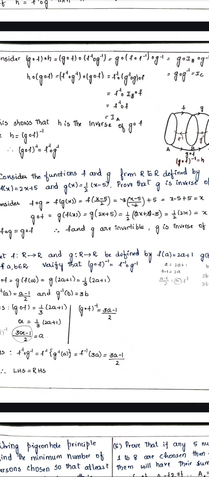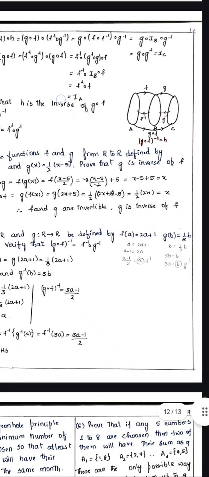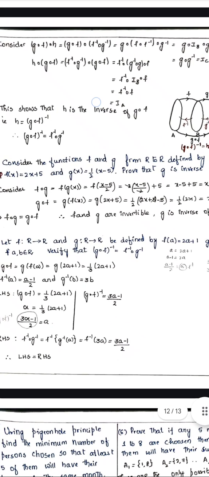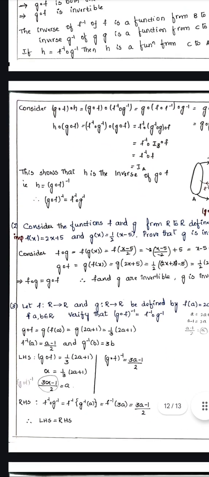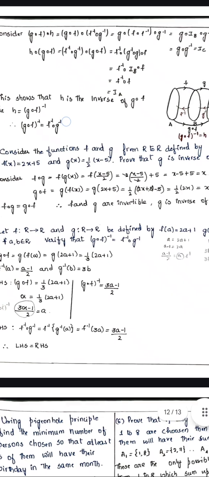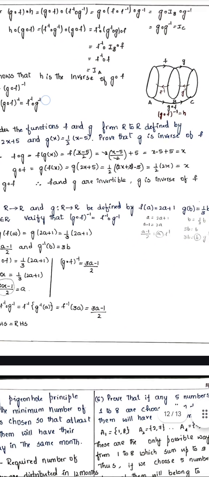And g of f of x equals g of 2x plus 5, that is (2x plus 5 minus 5) by 2, plus 5 minus 5 gets cancelled, 2 gets cancelled, then remaining is x. Since f of g and g of f are identity, f and g are invertible, g is the inverse of f.